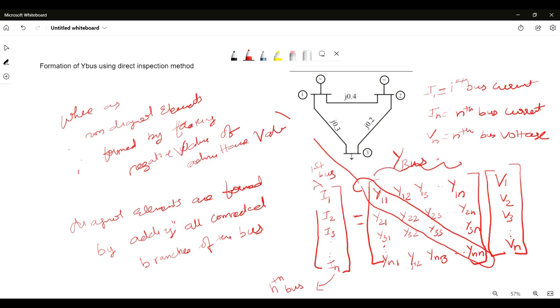By these two rules, we can form the entire bus admittance matrix, sometimes called Y bus.